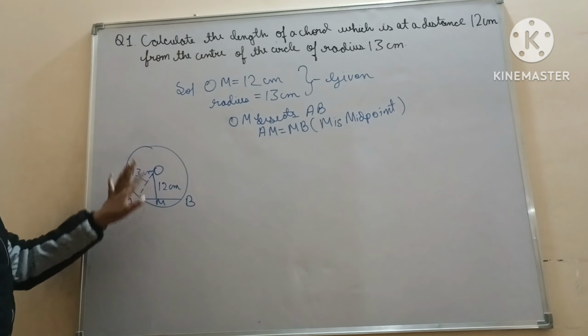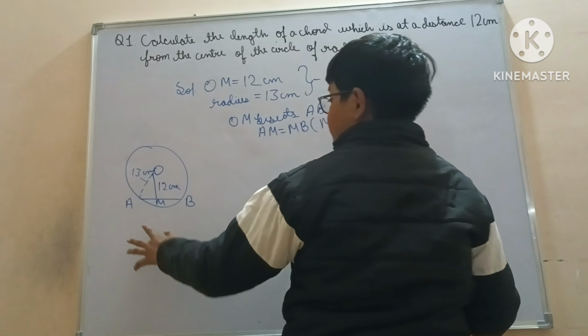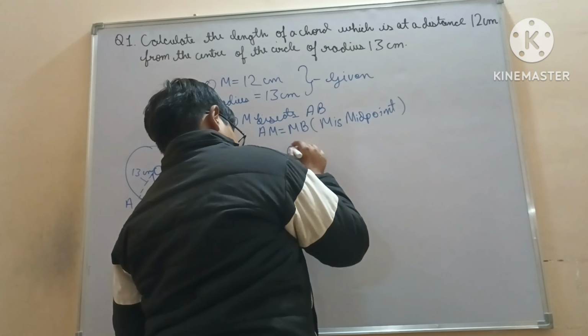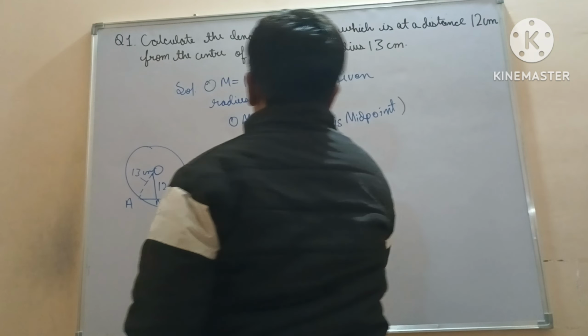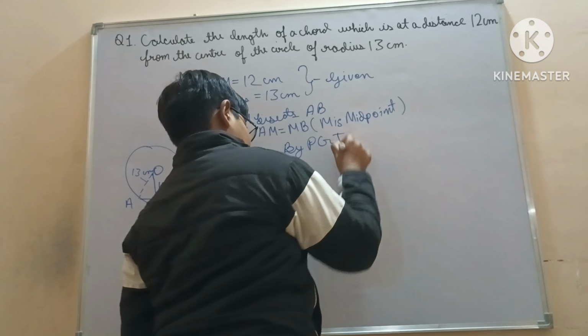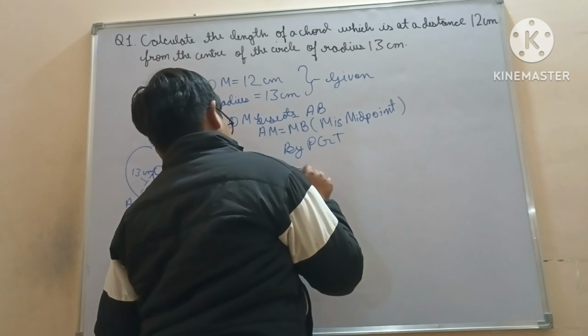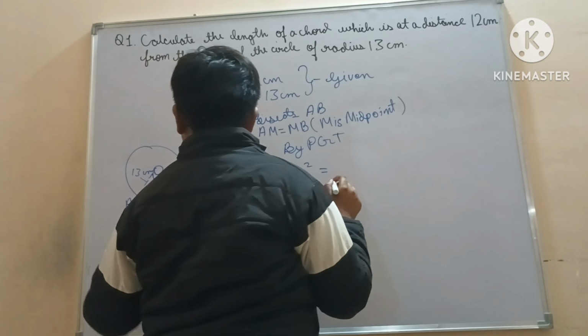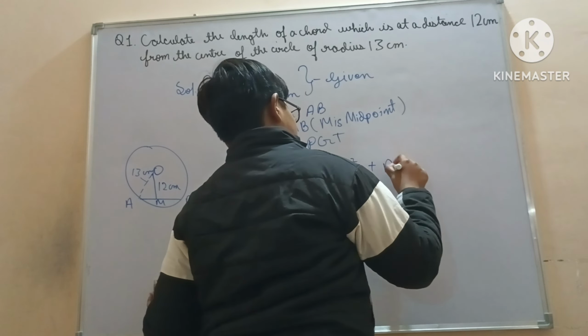So now by Pythagoras theorem we will find it. OA is equal to 13 cm. By Pythagoras theorem, OA square, which is 13 square, is equal to OM square, which is 12 square, plus AM square.